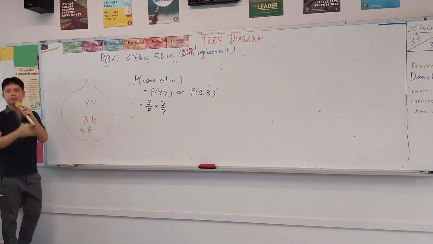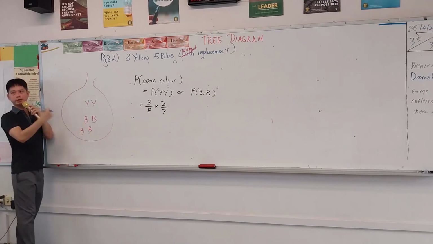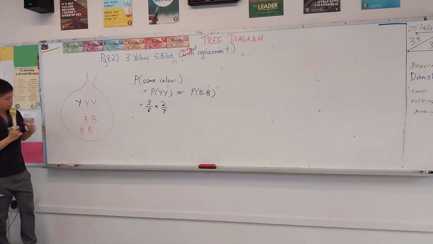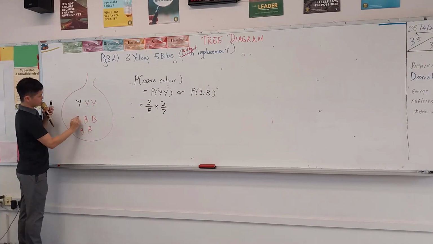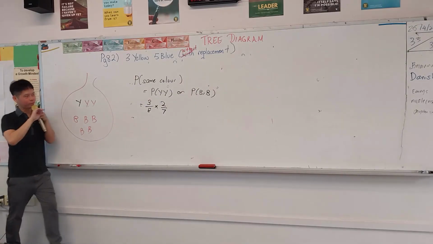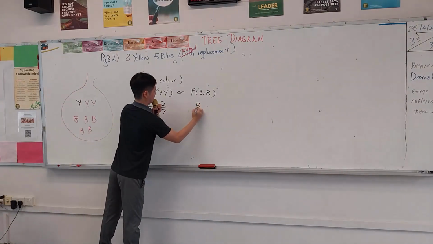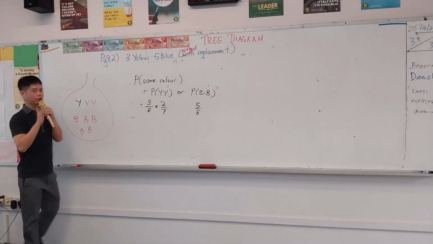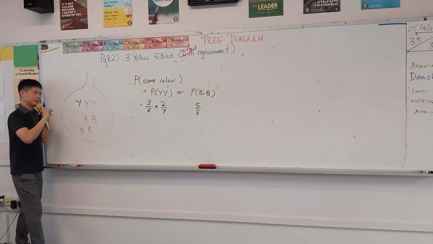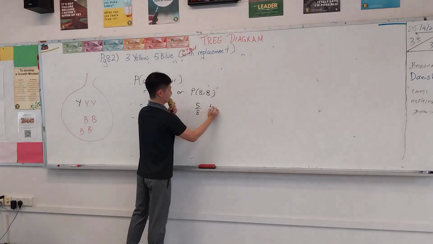Okay. Now I'm going to reset. This is a bit troublesome, but I'm going to reset the thing. First one is a blue, 5/8. So I take out the first one already. Then the second one is 4/7.